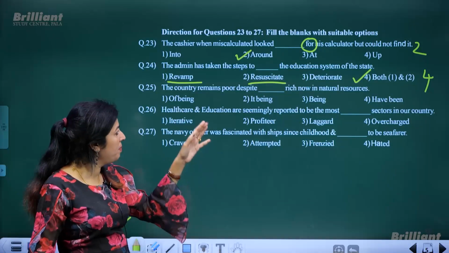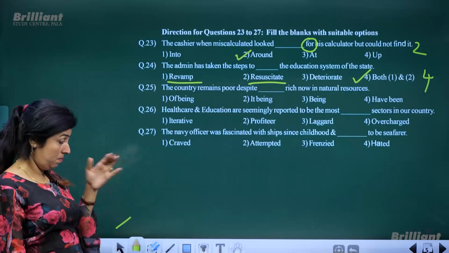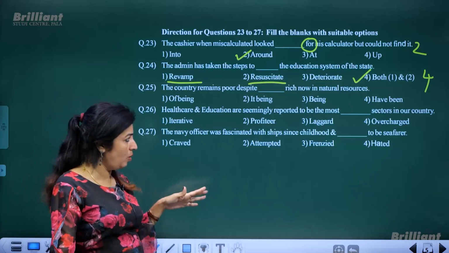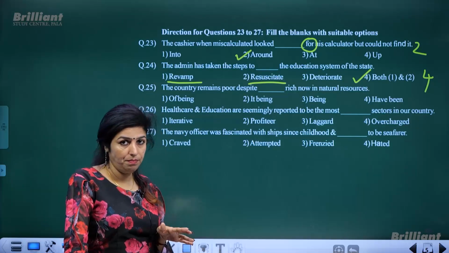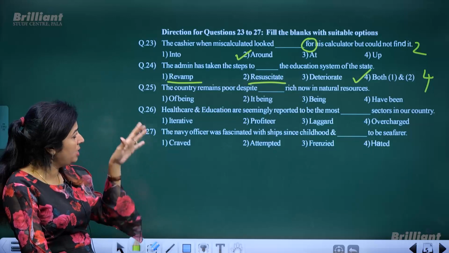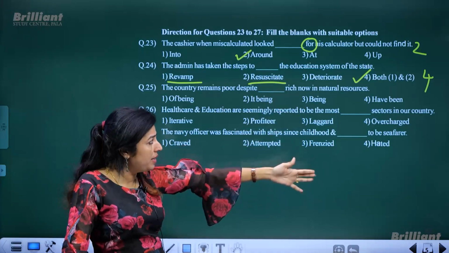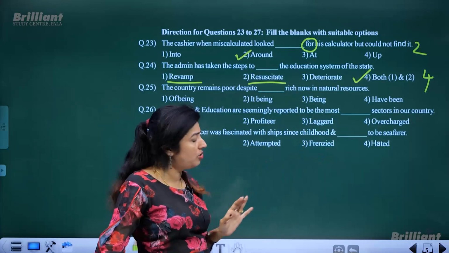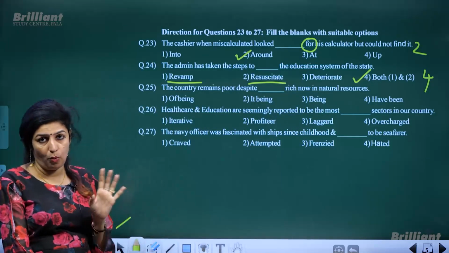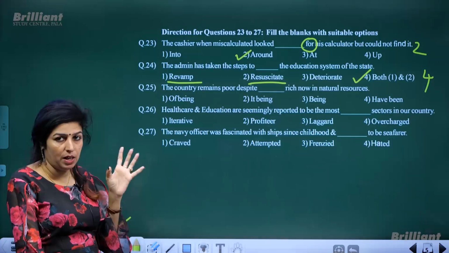The country remains poor despite dash rich now in natural resources. The country remains poor, that is, even after being rich in natural resources, the country is still labeled as a poverty-stricken country. That's the meaning of the sentence.